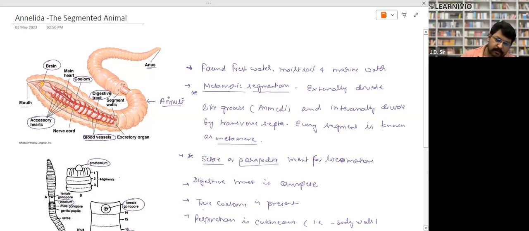And internally they are divided by transverse septa.